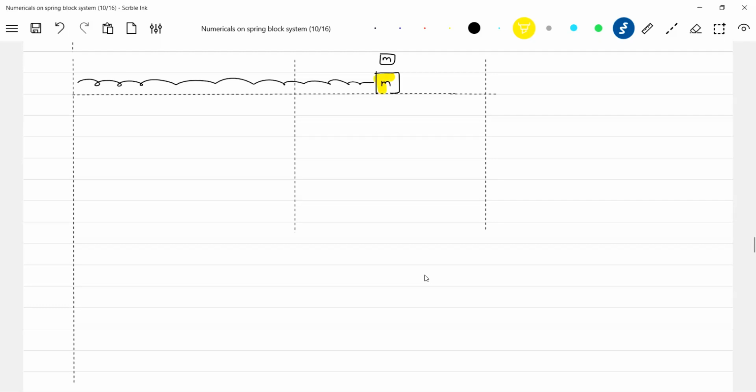What is the state of the block at A by 2? Will it be at rest or in motion? Go back to the kinematics of SHM that we discussed. They are going to help us a lot. It will have some velocity, say V. So how much spring force will act? Here spring force will be acting. This is the mean, this is the right extreme, and on this side we have the left extreme.